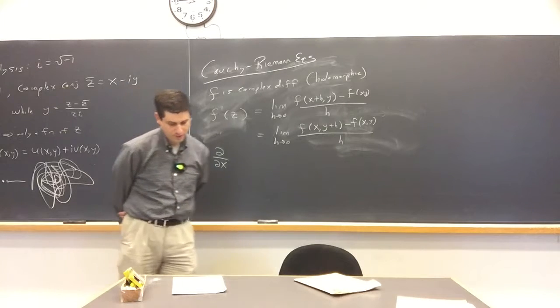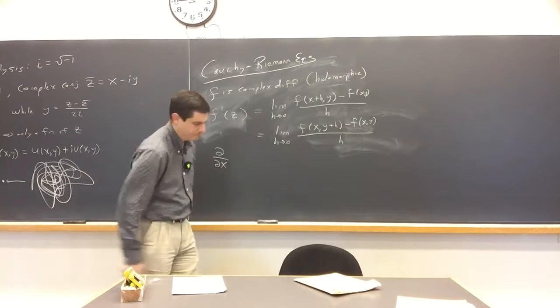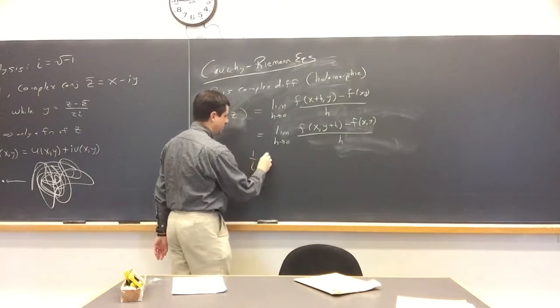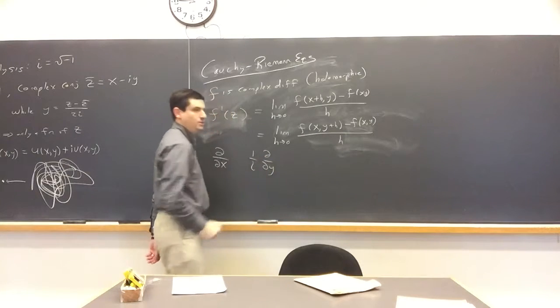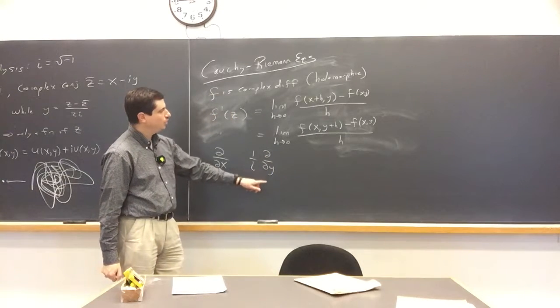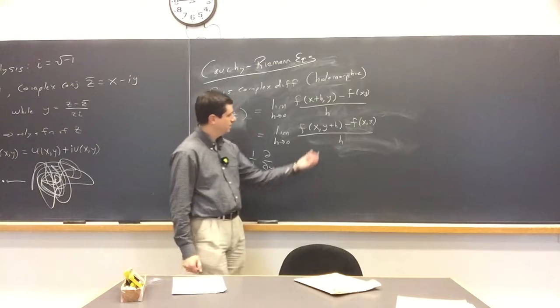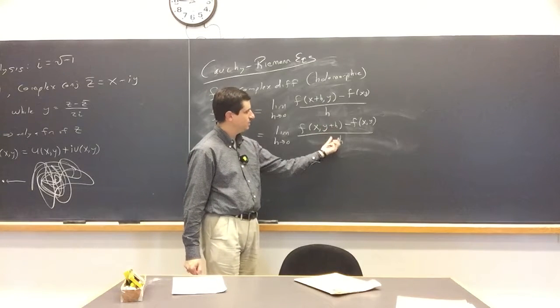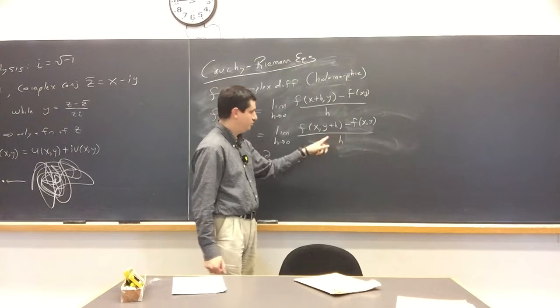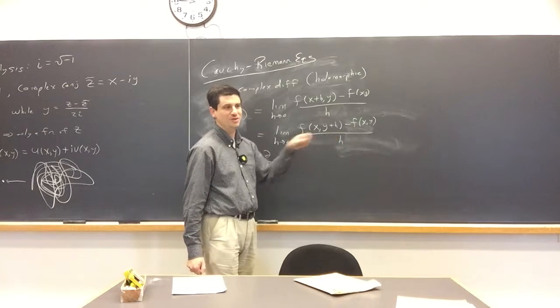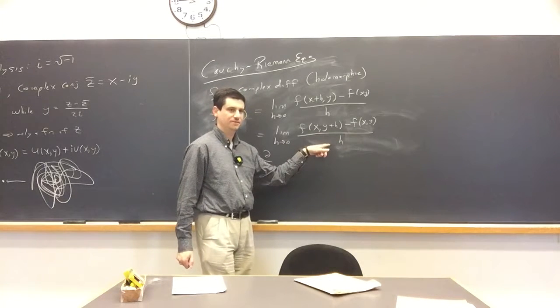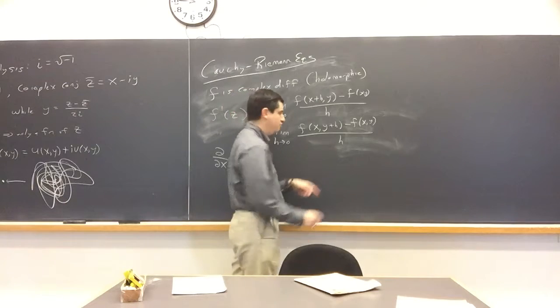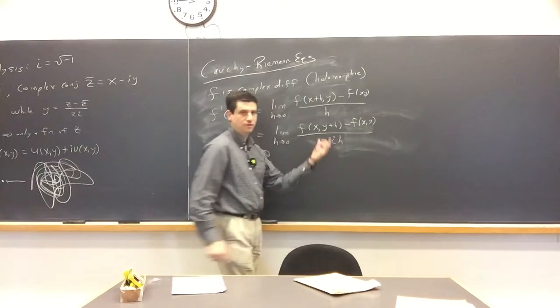And then the other one, we've got to be a little bit careful. I think it's 1 over i. The other one is like 1 over i d by dy. And the reason it's a 1 over i is to be very careful as to what's coming down here. I shouldn't be dividing by h. What should I be dividing by? ih, right?